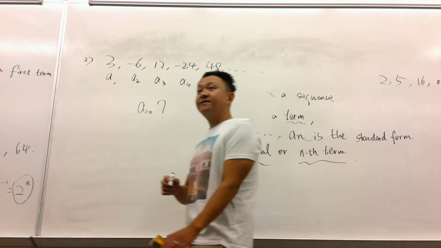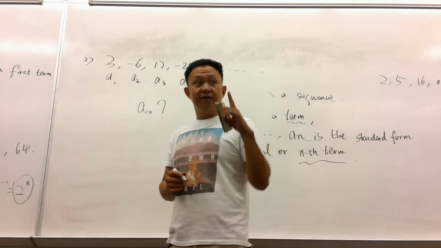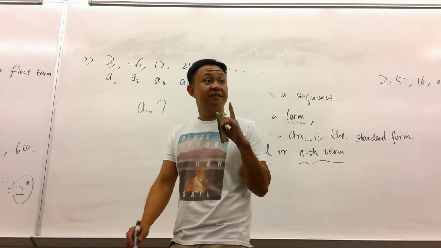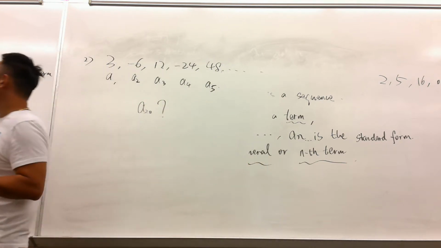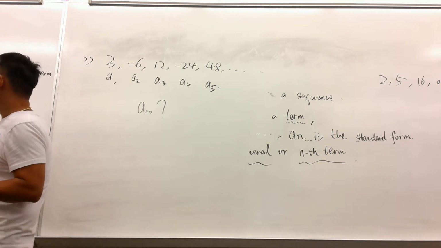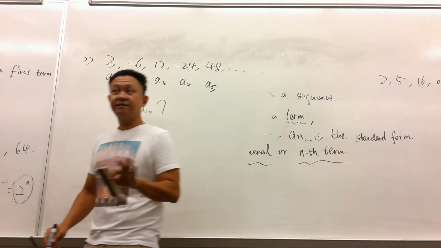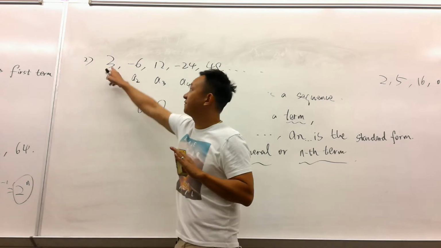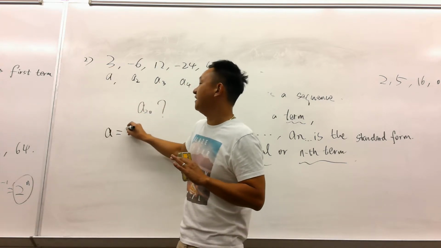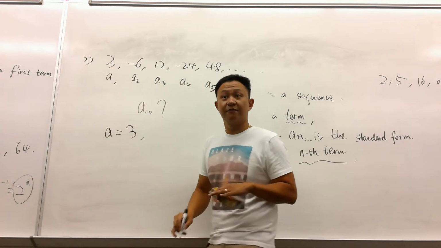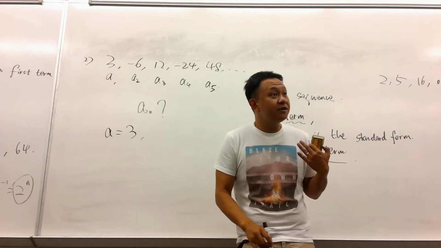All right, let's see how to use the formula. In order to use the formula, what information do you need? You need the first term A, and you need the common ratio R. The first term is easy: the first guy here is the first term, A equals 3 in this example. And what's the common ratio? We just did that earlier.